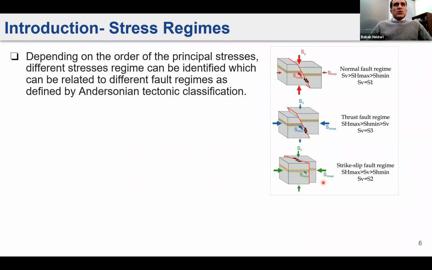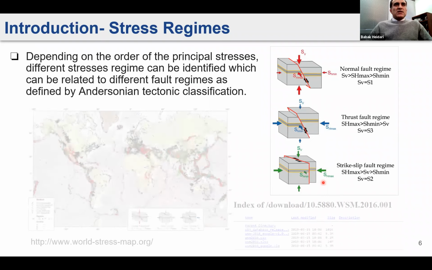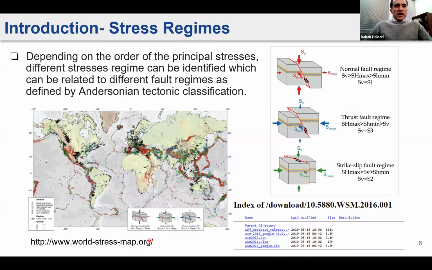A good place to understand and learn about this is by checking the World Stress Map. This is the address, so you can go to this address and understand. It is very interesting. Even in my free time, I check what is happening around the plates.